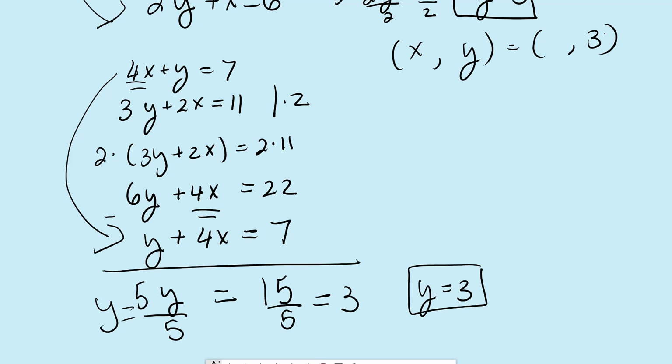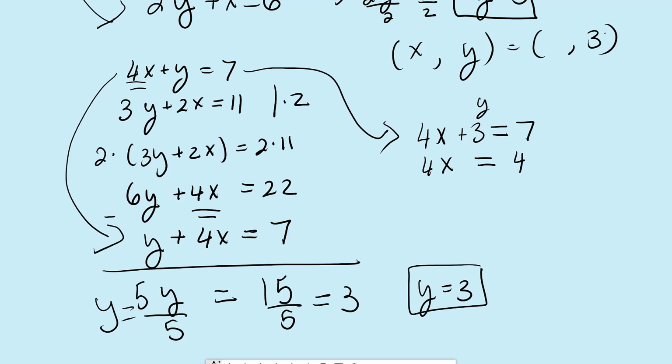Okay, how do we get our x? Well, we substitute again, right? We substitute, so we get 4x, let's use this one, 4x plus 3 equals 7, because our y here is 3, so we get 4x. Let's subtract 3 from both sides, so we get 4x equals 4. I'll write that down. We're subtracting 3 from both sides.